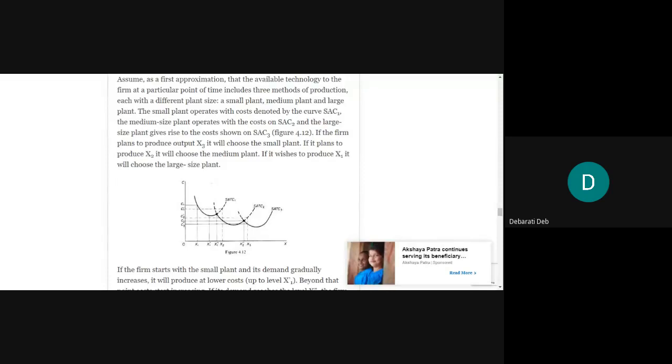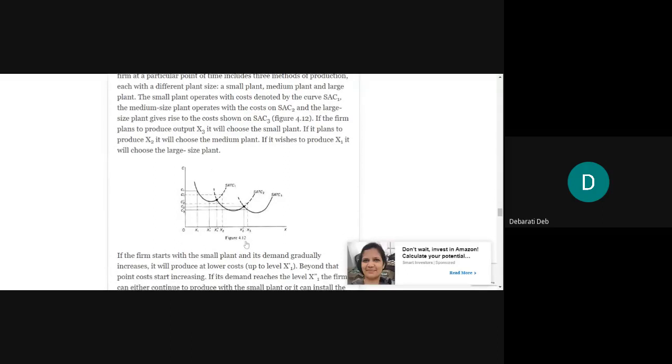Okay. If the firm plans to produce output X3, now look at the x-axis. Where is X3? At the very last point. See, the very last point is X3. It will choose the small plant.